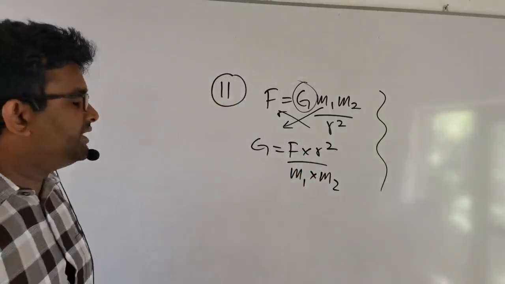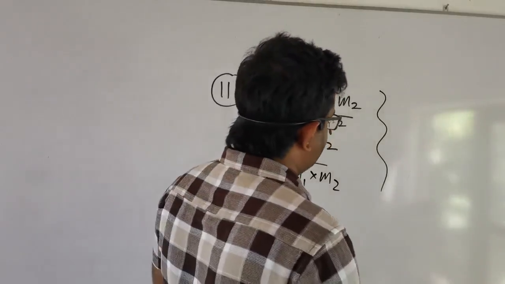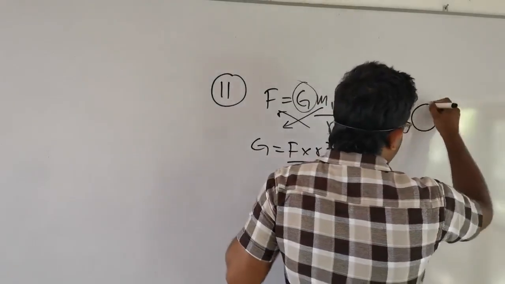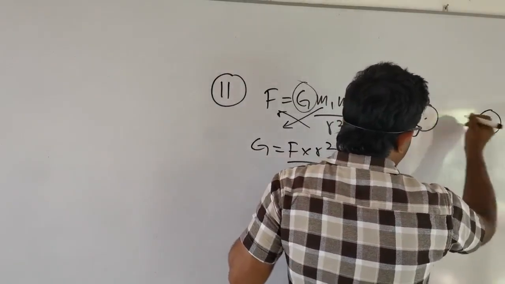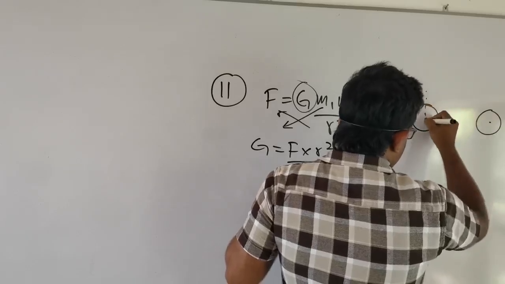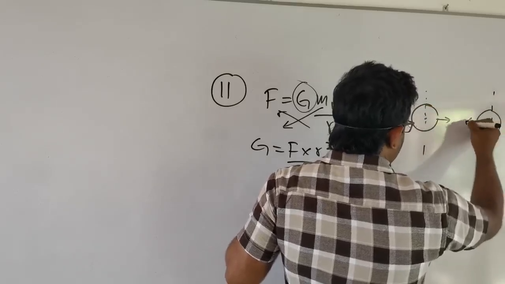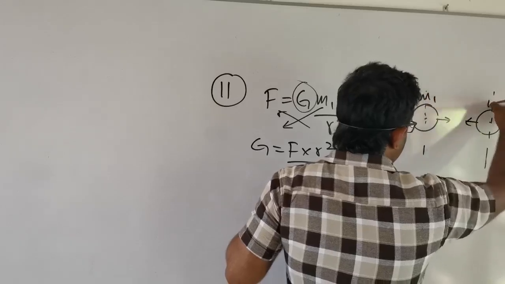After that we can consider units. This is an equation about gravitation. In later lessons you will learn about these things. For now, here we consider two masses.